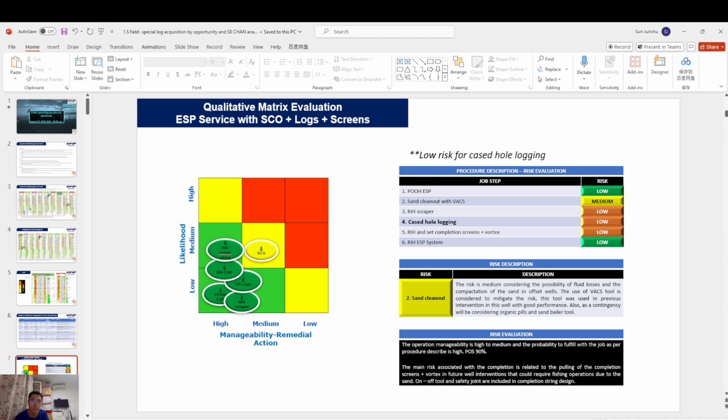The main risk associated with the completion is related to the pulling of the completion screens and VACS in future well interventions that could require fishing operation due to the sand. A fishing tool and the safety joint are included in the completion string design.